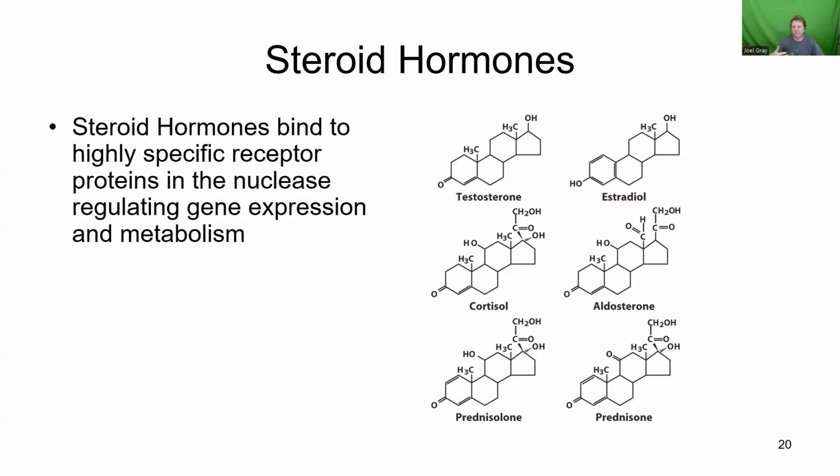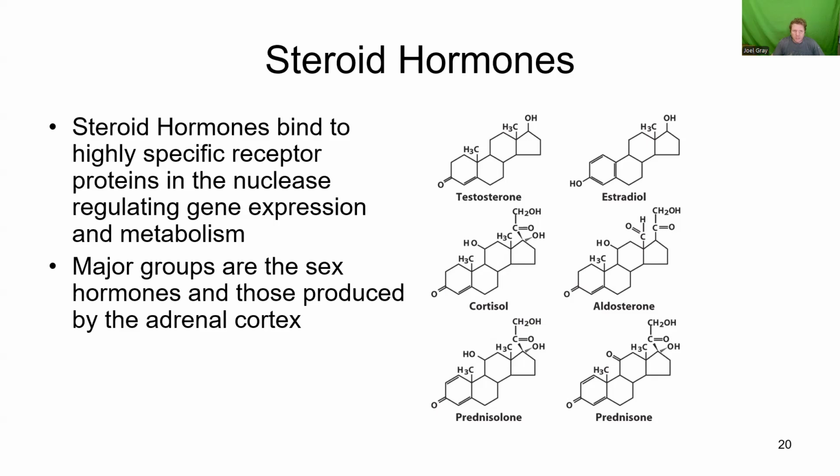Then there's going to be some signaling molecule on the inside of the cell, in the inner leaflet, your secondary messenger, like cyclic adenosine monophosphate, or cAMP. So testosterone, estradiol, cortisol, aldosterone, prednisone, prednisolone: these are all examples of steroid hormones.